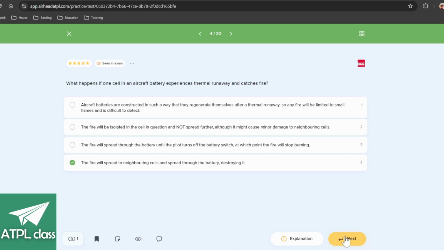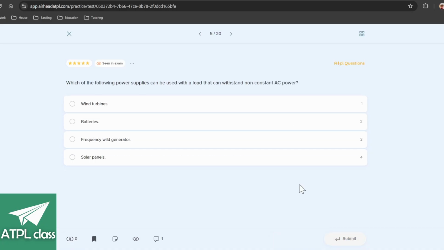There we go, correct. Question 5 then, which of the following power supplies can be used with a load that can withstand non-constant AC power? So non-constant AC power is going to be an inconsistent frequency.